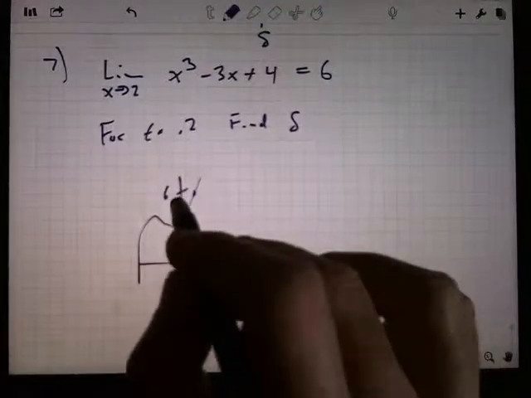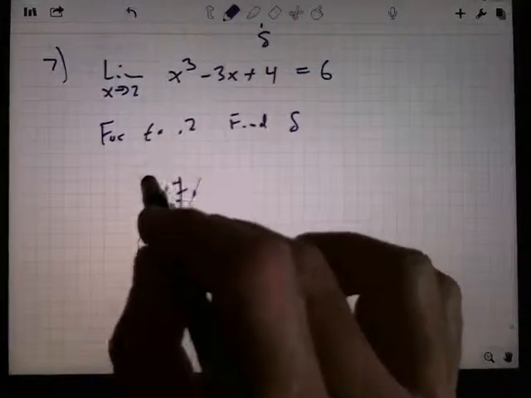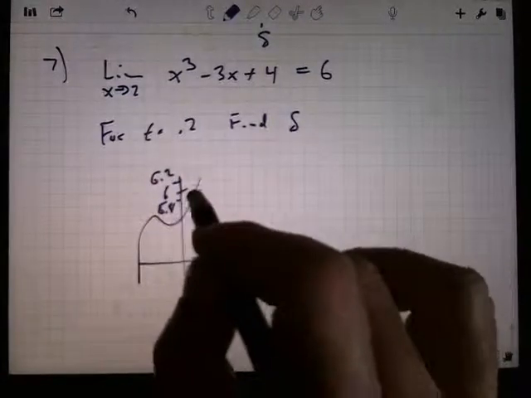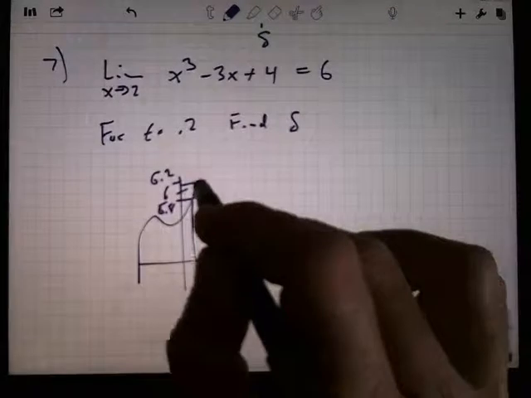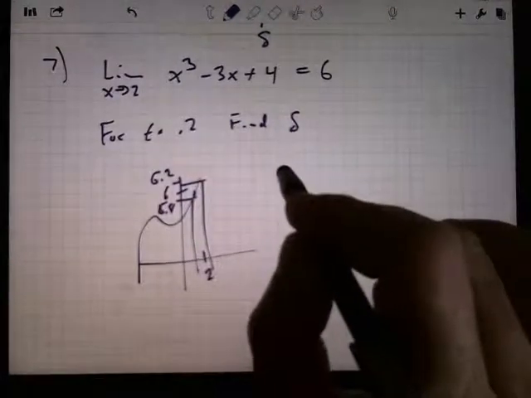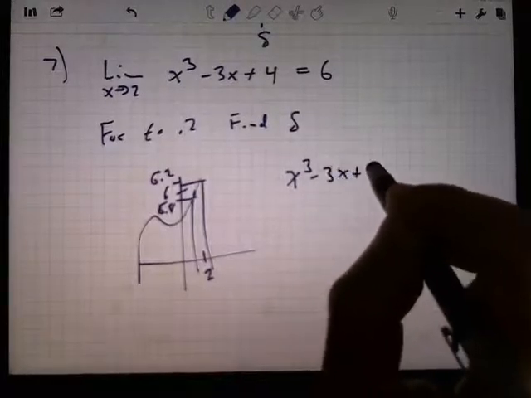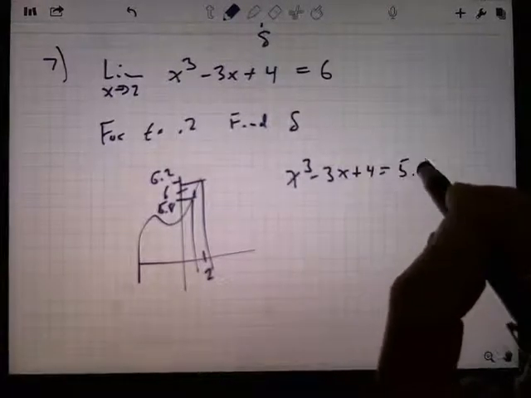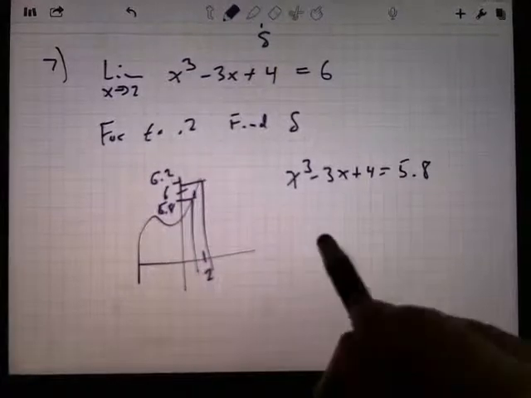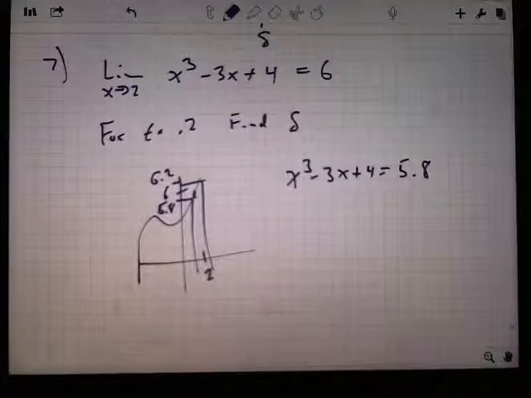So I want to move down to 5.8 and move up to 6.2 and then see what x values those correspond to. So I want to know, when is x cubed minus 3x plus 4 equal to 5.8, and then I'm going to come back and do the 6.2.